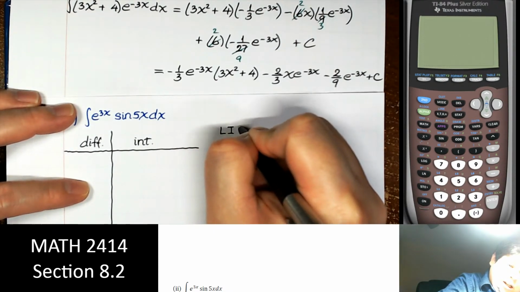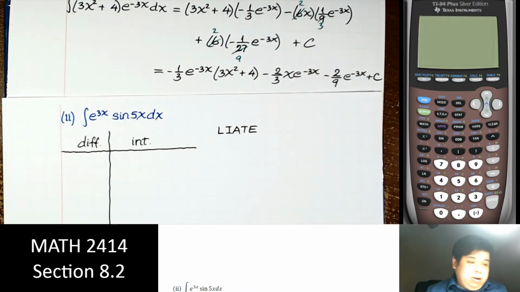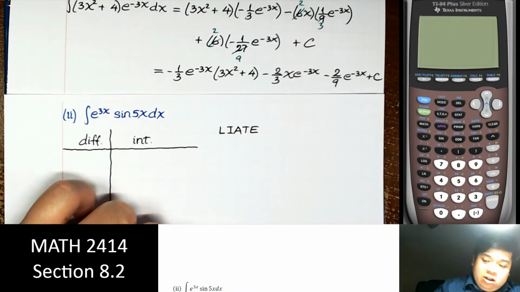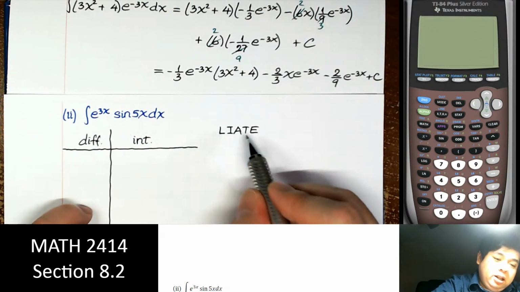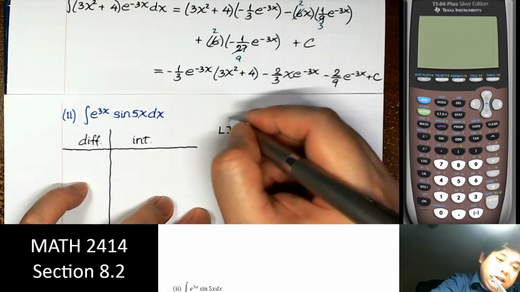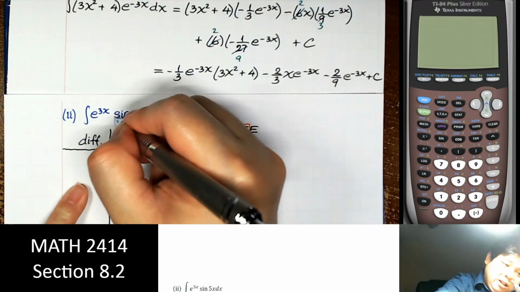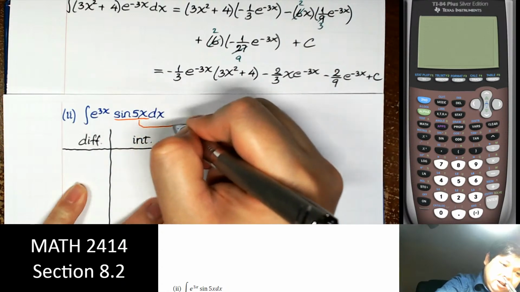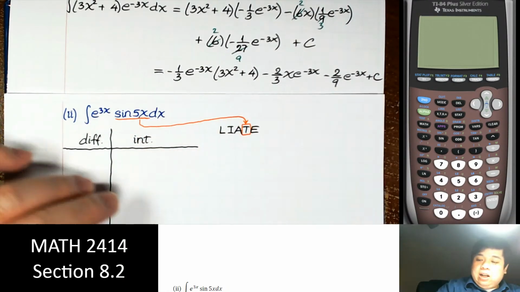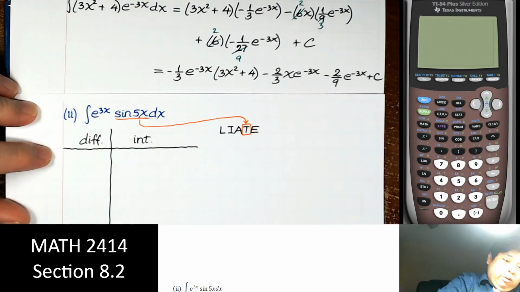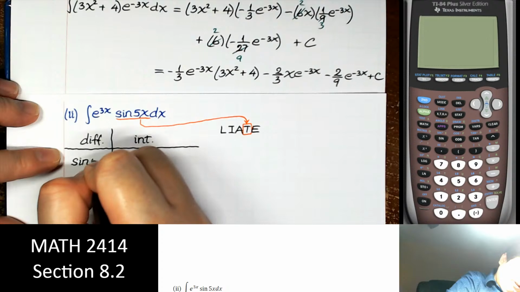L, I, A, T, E. Right. There's no log, no inverse trig, no algebraic expression. So there's only the trigonometric function here. So the term we choose to be differentiated is the trig function. So sine of 5x.